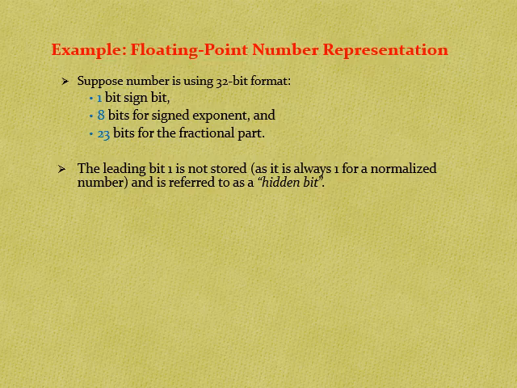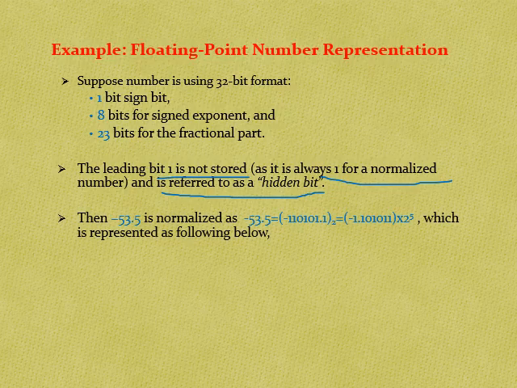The leading bit, that is 1. What is the leading bit? That is the most significant bit. The most significant bit is always 1 and it is not stored. Why is it not stored? Because if the number is normalized, then it will always be 1. So it is not stored, and it is also referred to as a hidden bit.